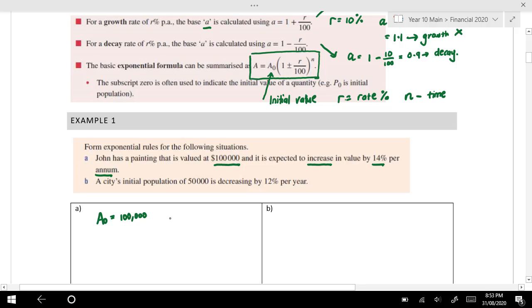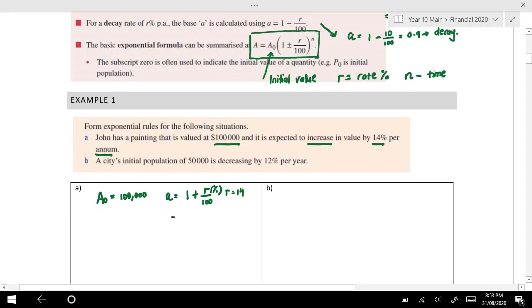Now, let's go ahead and find what our growth rate is. We start off with 1 plus R over 100. And of course, R is 14%, but it's just 14, this is in percent here. Let's throw the 14 in here. So 1 plus 14 over 100.